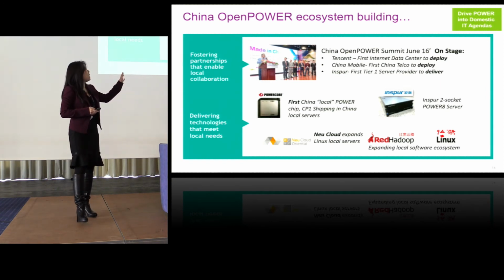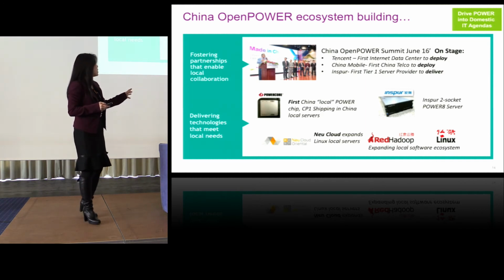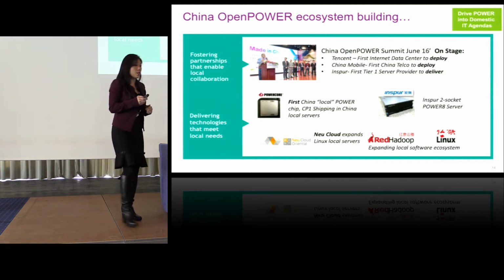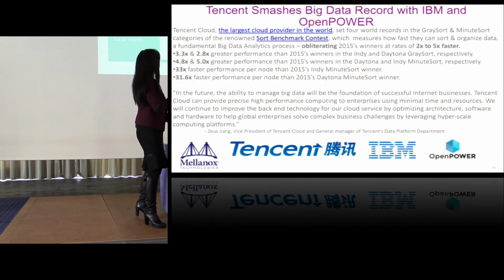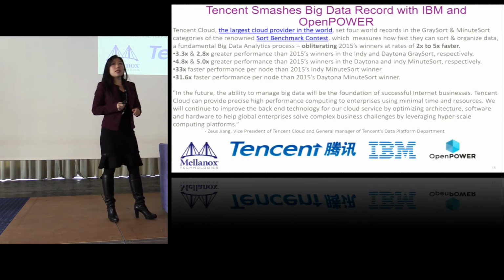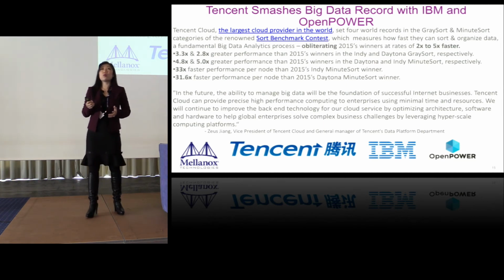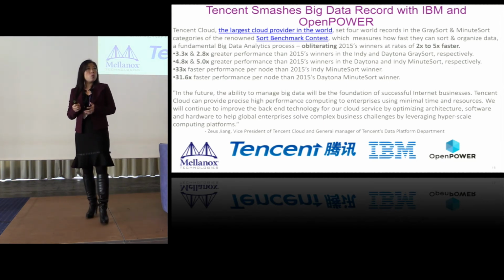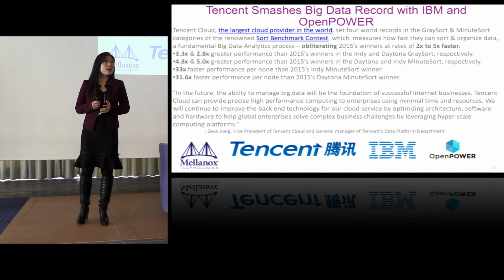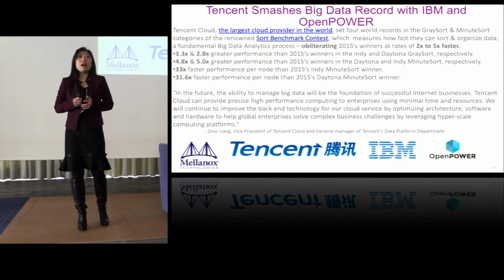Also, you see Inspur built their own 2-socket OpenPOWER server, and also the microprocessor chip called CP1 in China. In particular, Tencent is the #1 or the largest cloud provider in the world. They actually broke 4 sort records in Minute Sort and GraySort last year.